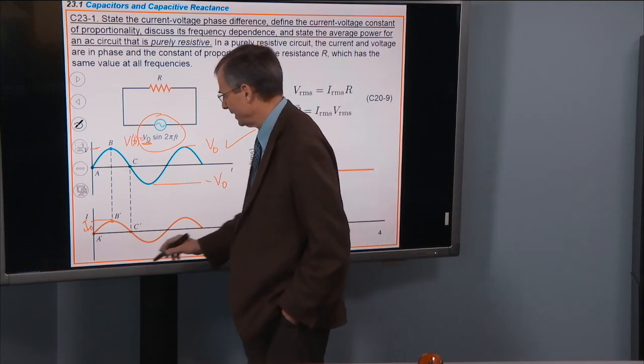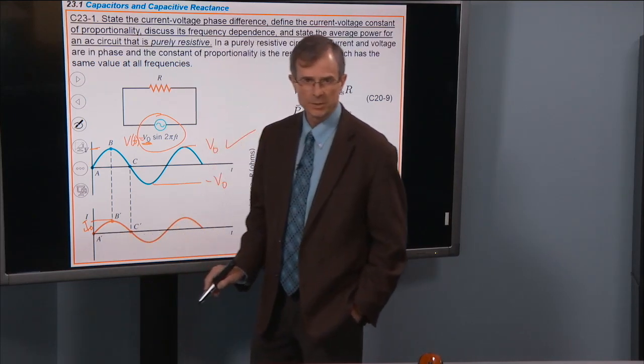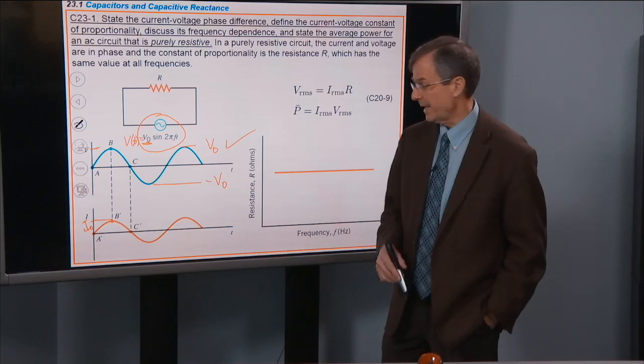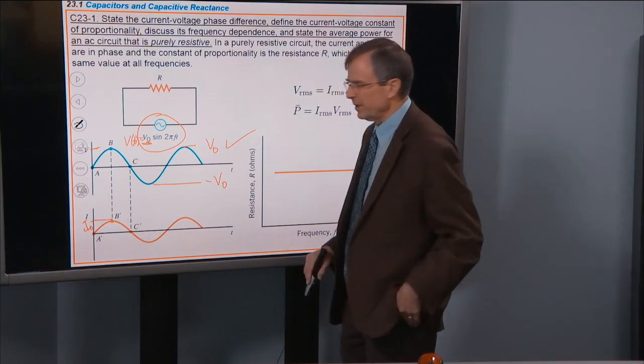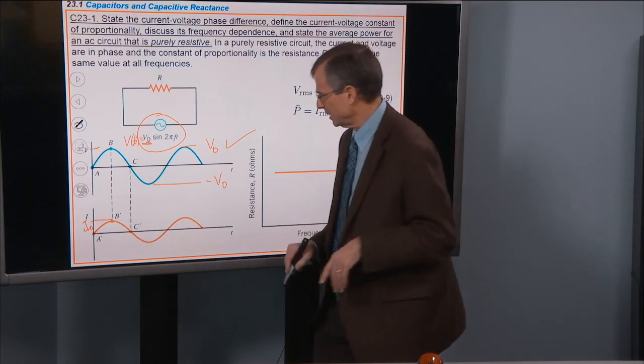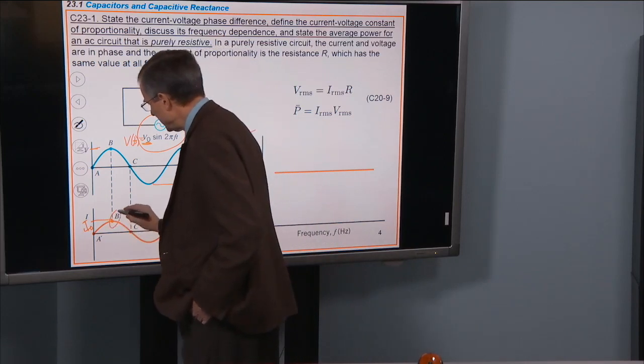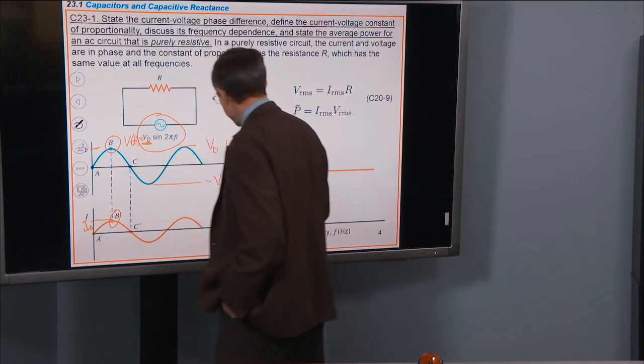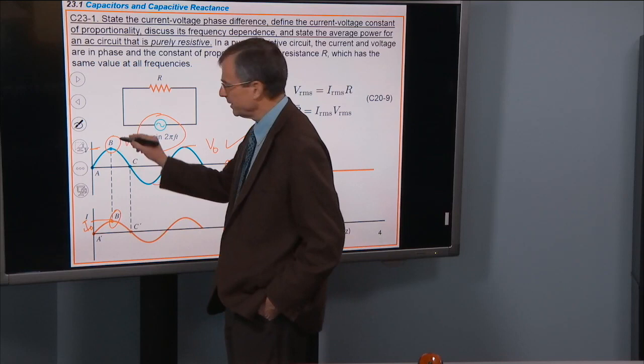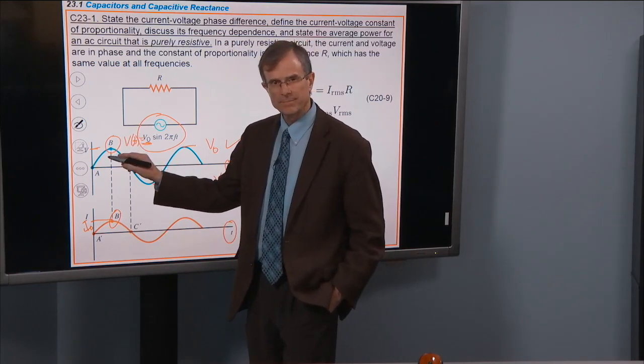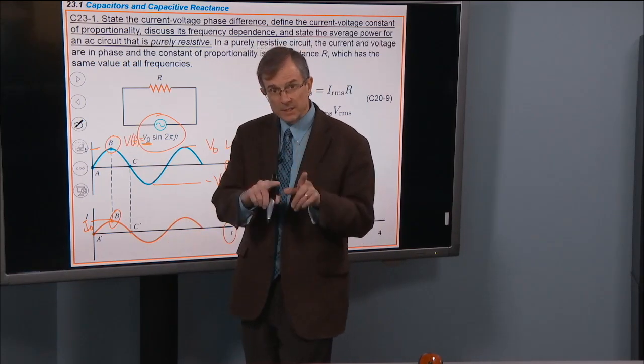No big deal. And its valley, the lowest point that it goes, is denoted by minus I0. But the important feature of this current is that it reaches its peak at the same time that the voltage reaches the peak. And this is significant.